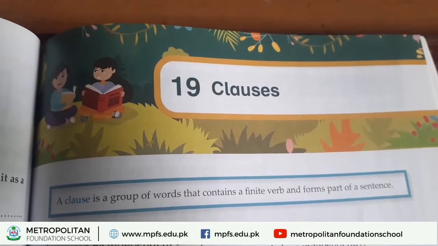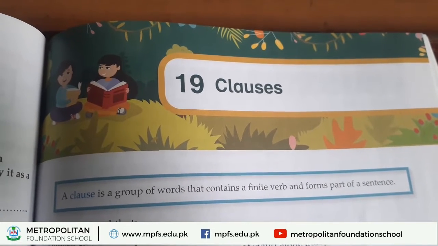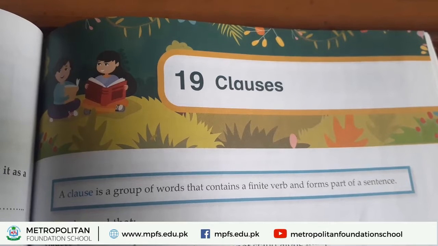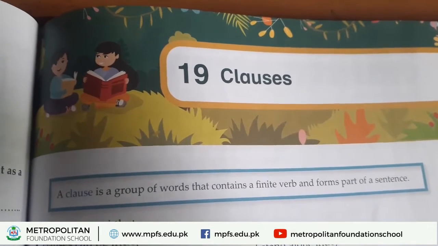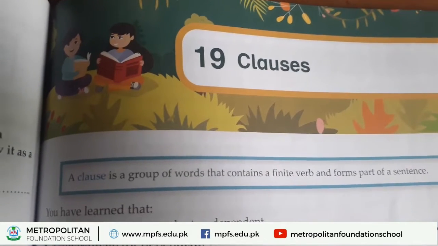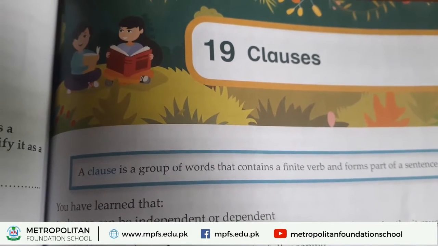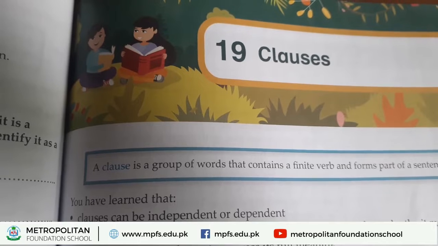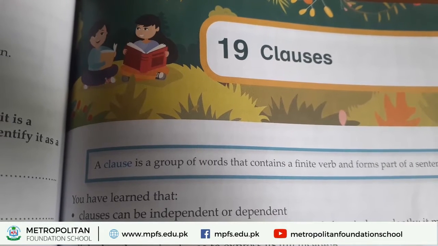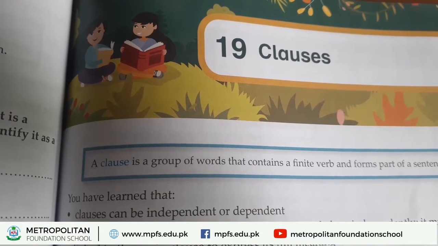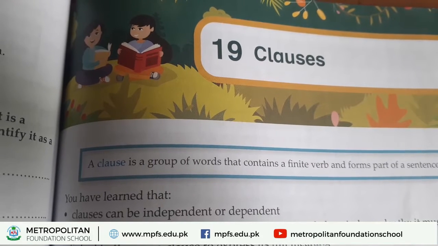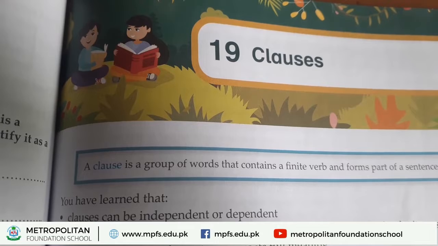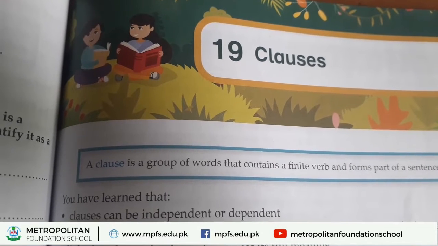So, how many kinds of subordinate clauses are there? And what is the definition of noun clauses? A noun clause is a group of words doing the work of a noun, with a subject and a verb, that can be a subject, an object or the object of a preposition in a sentence.